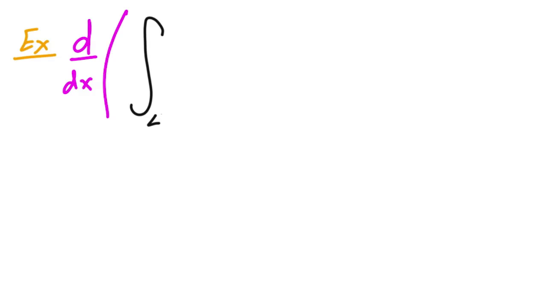Because we can make it more crazy. Craziness can abound. Let's say you have the integral and you have a constant on the bottom, but let's say, for example, you're going from 4 to x squared instead. So the integral from 4 to x squared of e to the t minus sine of t dt.